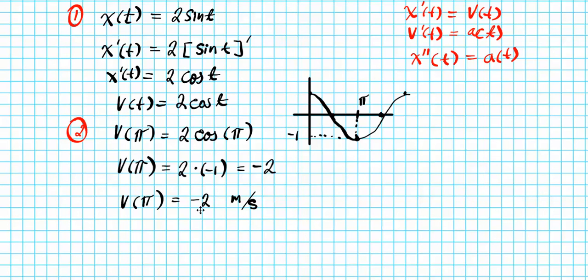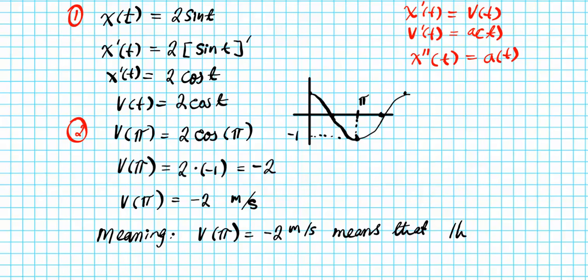Okay, let's take a look at the meaning. v of pi equals -2 meters per second means that the velocity at t equals pi is -2 meters per second.